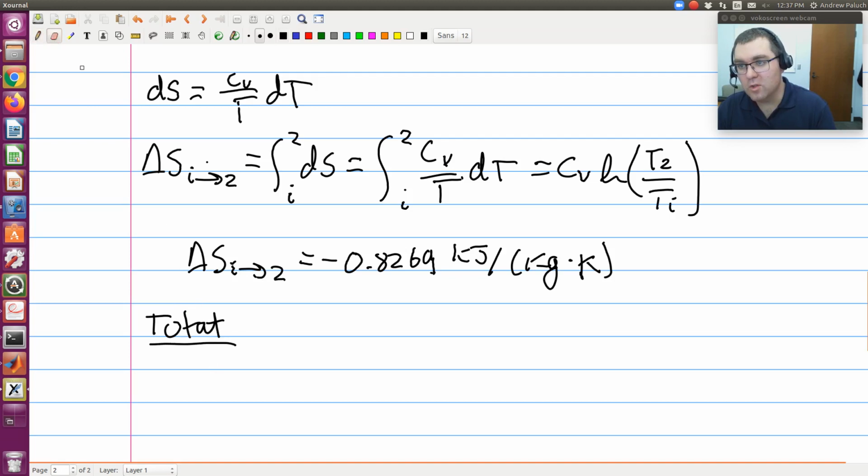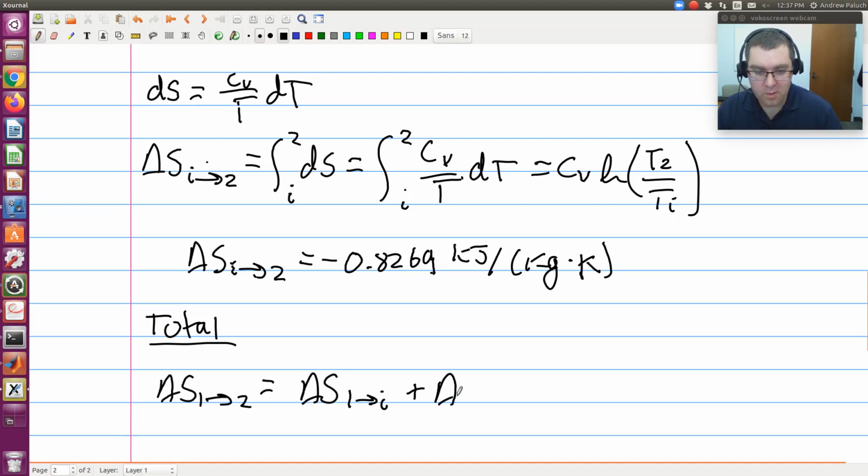Okay, so for the total process, S is a state function, so delta S going from 1 to 2 will be equal to the change in entropy going from 1 to I plus the change in entropy going from I to 2.